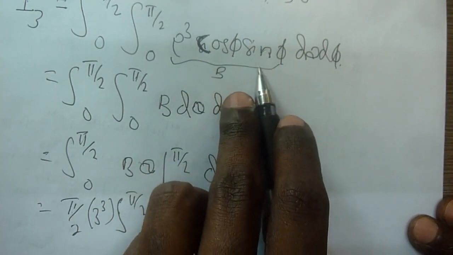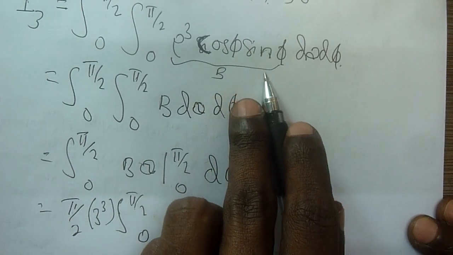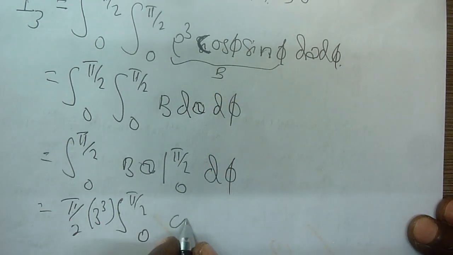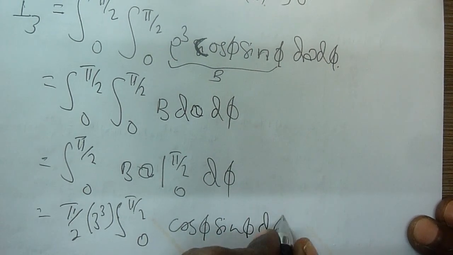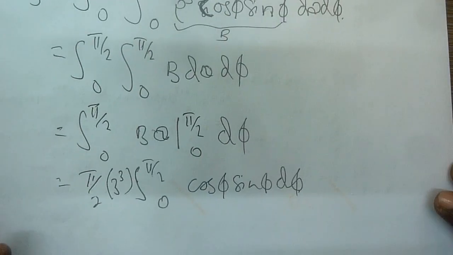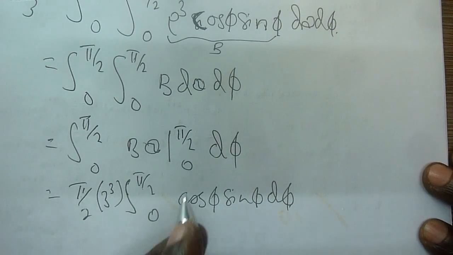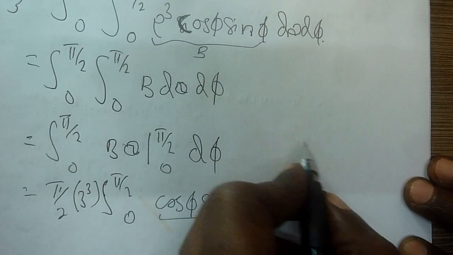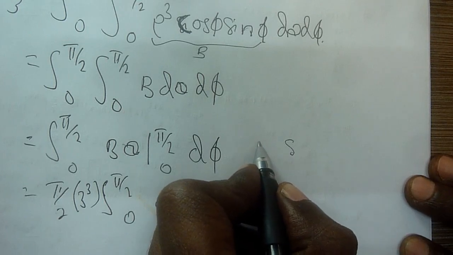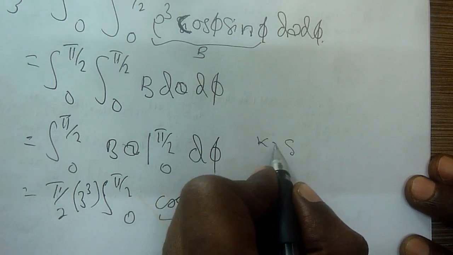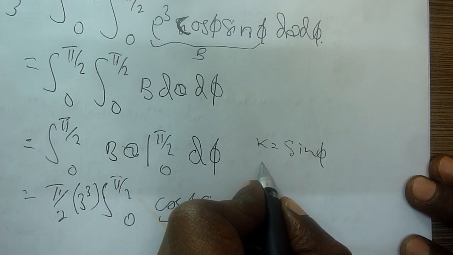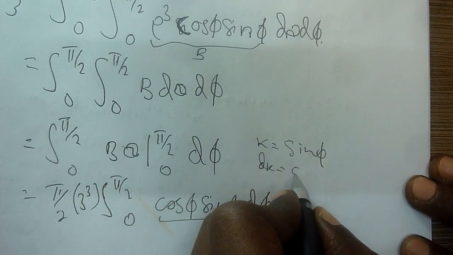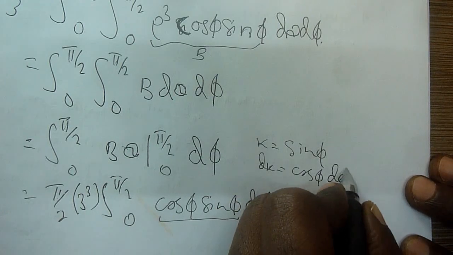And here you can see again the combination of sine phi, d phi. Can you solve it? This one is a combination, so use substitution. You can make it k equals sine phi, and here dk is cos phi d phi.